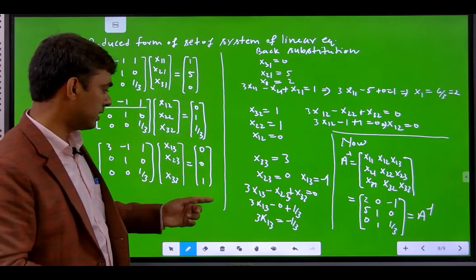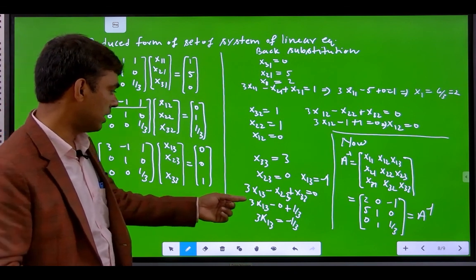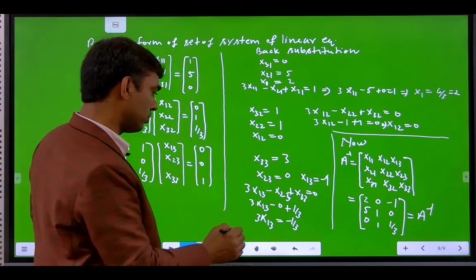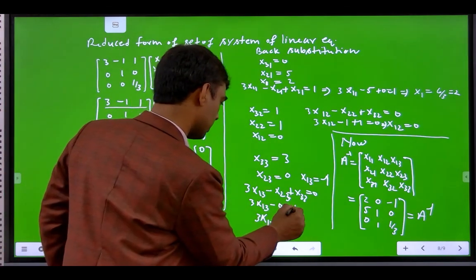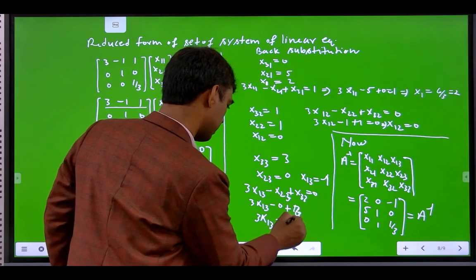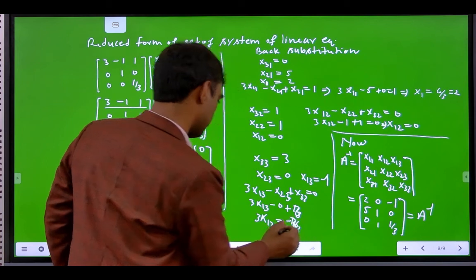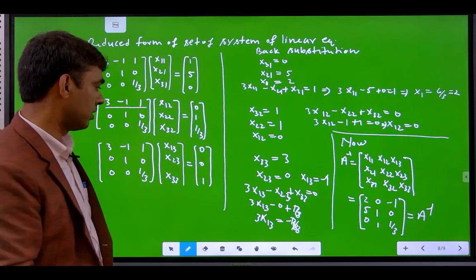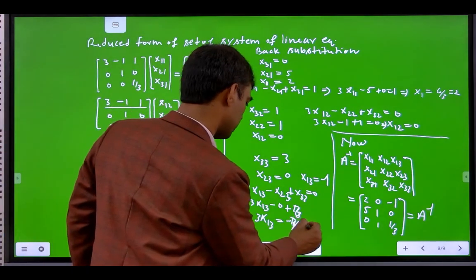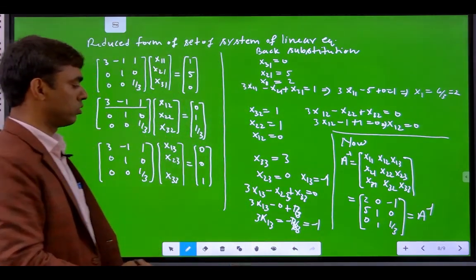So 3 times 1 by 3 is also 3 by 3, so minus 3 gives minus 1.